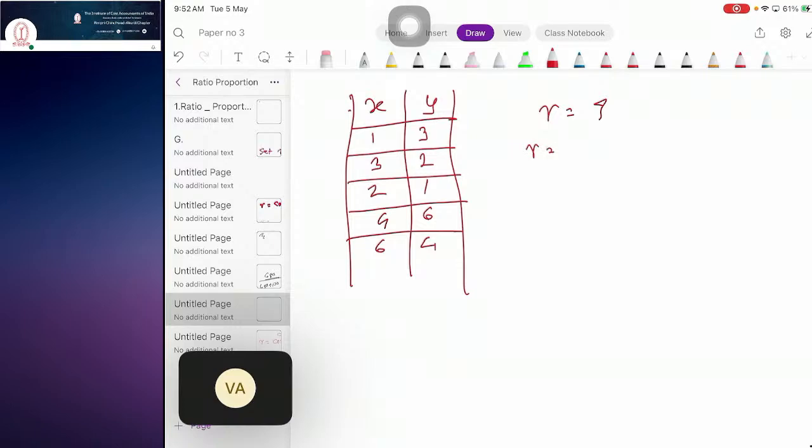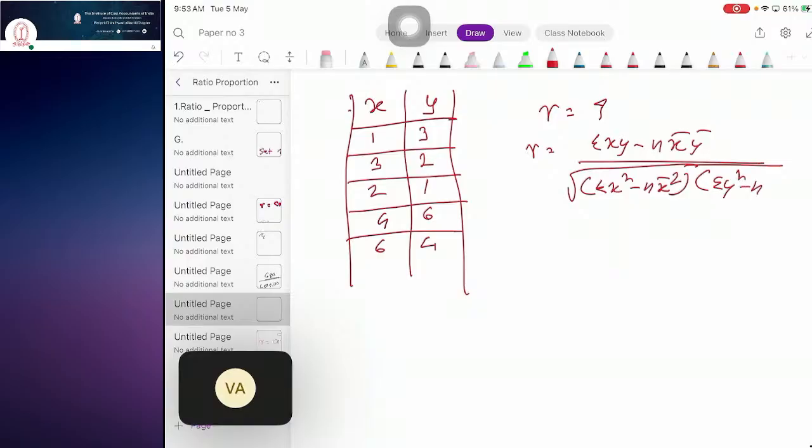r is equal to summation of xy minus n x bar y bar upon under root of, in first bracket, summation x square minus n x bar square, and summation y square minus n y bar square. This is the formula.